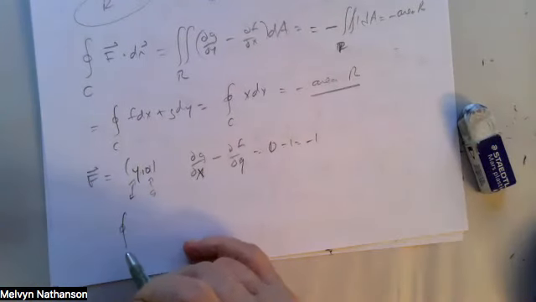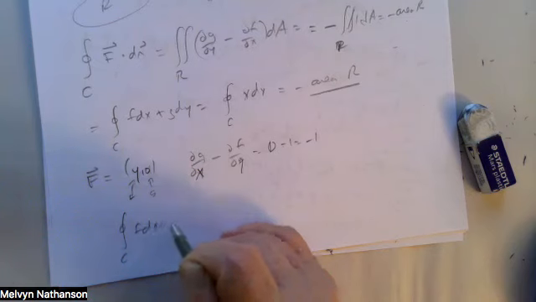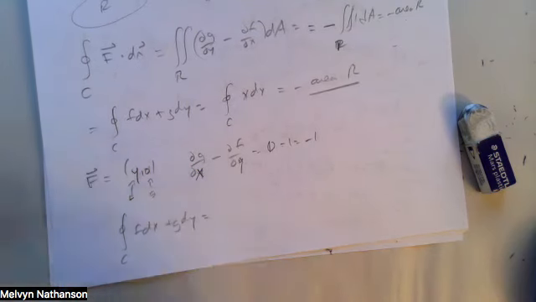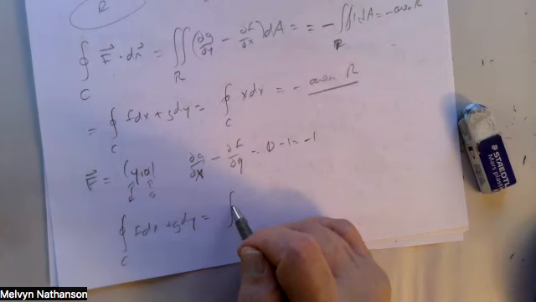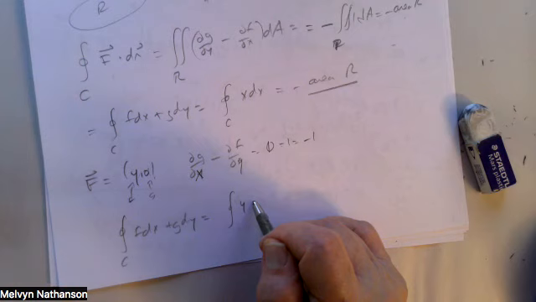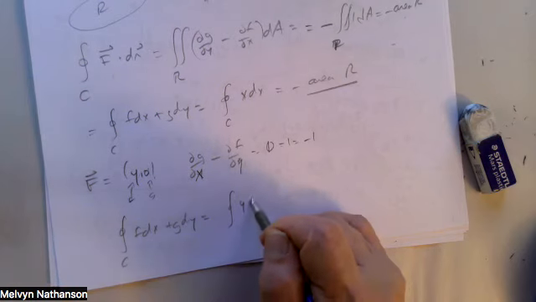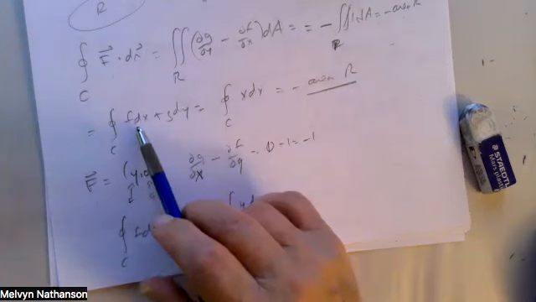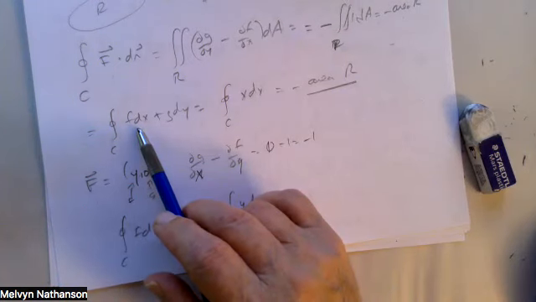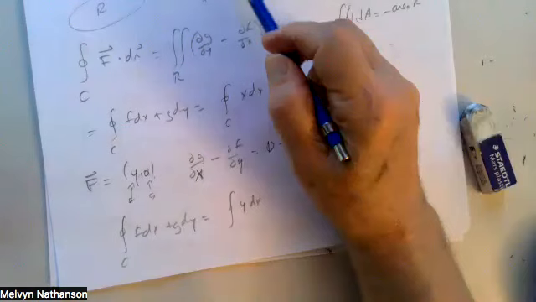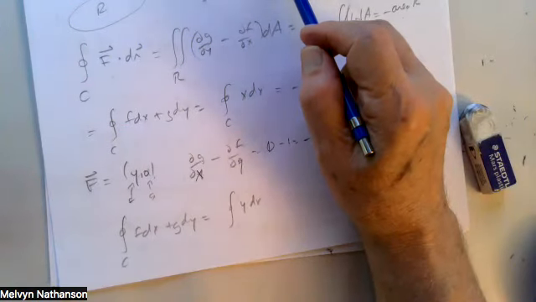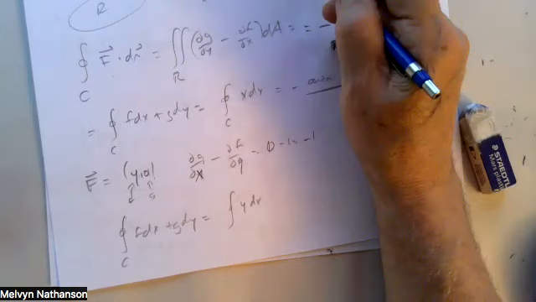So again, the integral around the curve, f dx plus g dy, g is 0. So this is the integral around the curve of y dx. So this should have been 0, x. That's the example I want to take. So the partial of g with respect to x is 1. The partial of f with respect to y is 0.